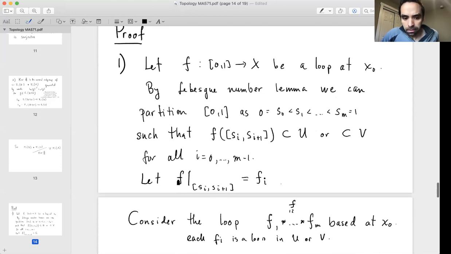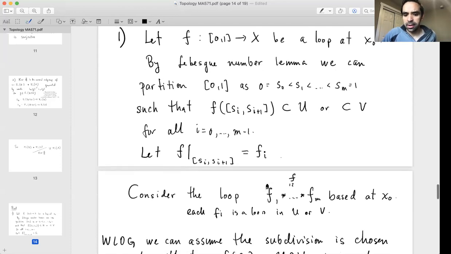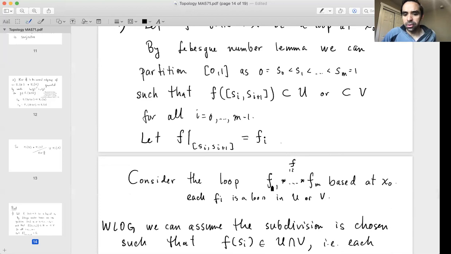So now let f restricted to the interval si to si plus 1 be fi. This is just notation, okay? And now I'm going to consider the loop obtained by multiplying all of these pieces, f1 up to fm.